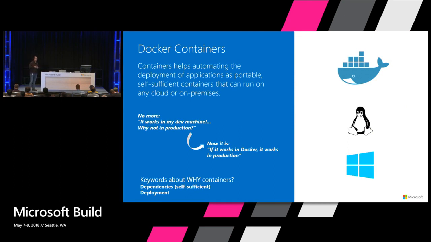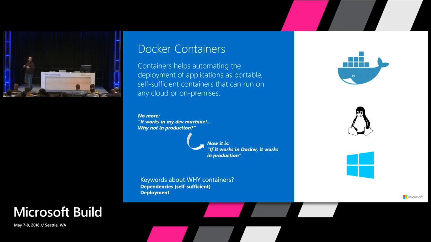And why Docker? Basically, probably you have heard, hey, this works on my machine, so why not in production? Usually, a lot of those cases are because in production you were missing some dependency that you have on your machine. Maybe it was using a different version of .NET Framework, or you had a DLL or some library on your local machine that is not installed in production, and then you were getting those issues.